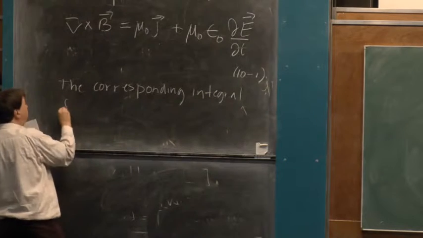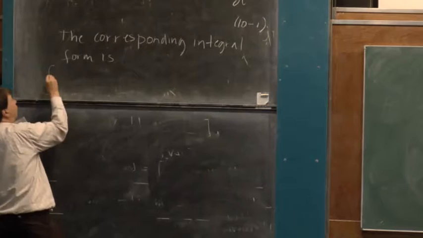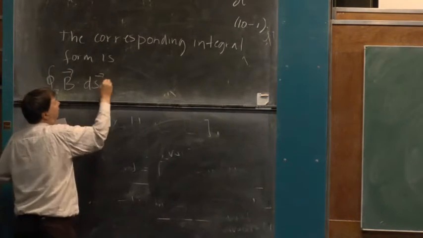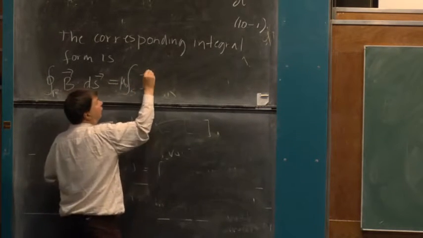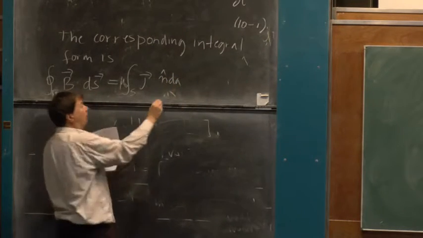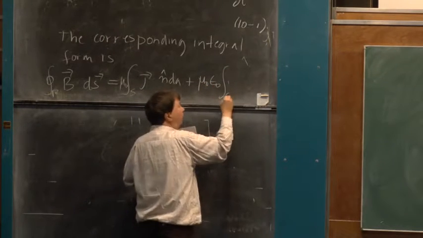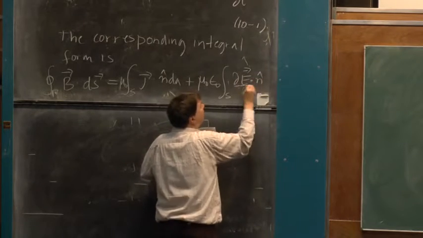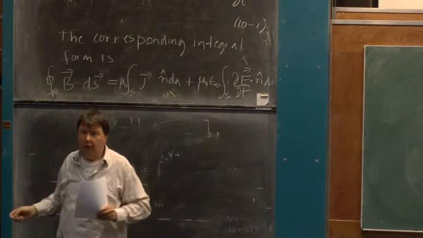The corresponding integral form is that the line integral of B dot ds around any closed loop gamma is equal to mu naught times the surface integral of the current density through the loop, plus mu naught epsilon naught times the surface integral of dE by dt over the area bounded by the loop.